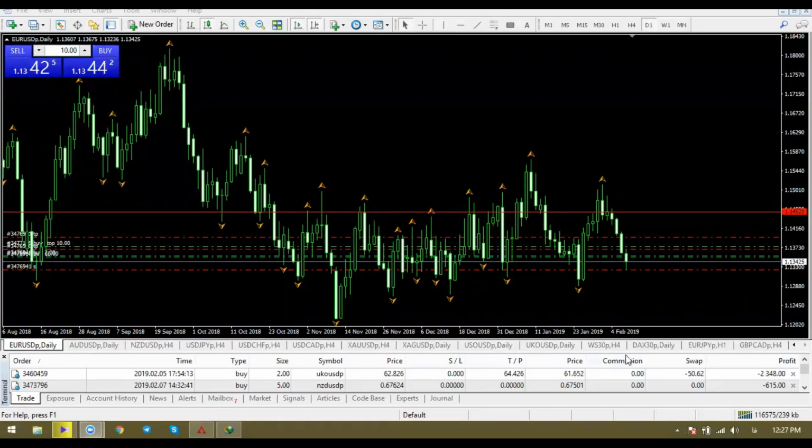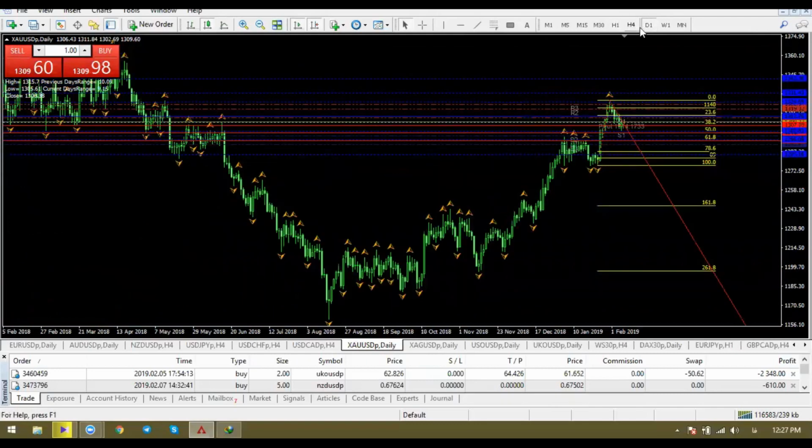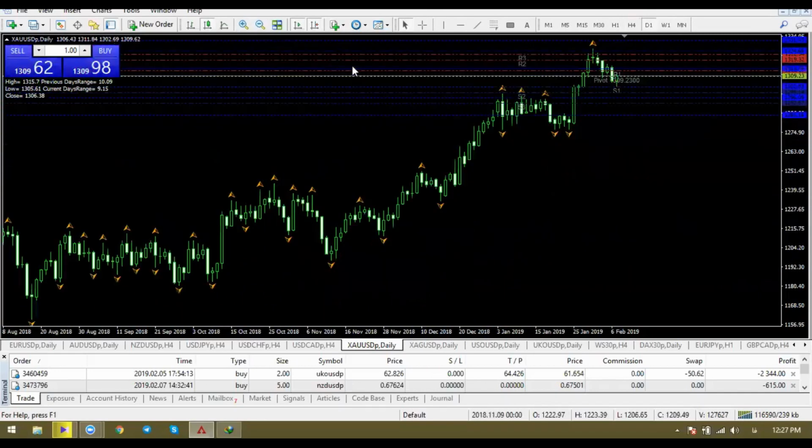I checked the gold chart. It's not really something interesting in there. Teacher, these two pivots, which one of them is better? One of them is weekly and one of them is daily.